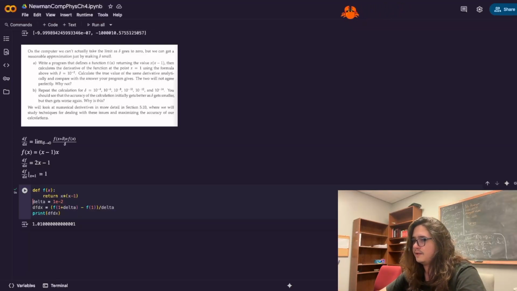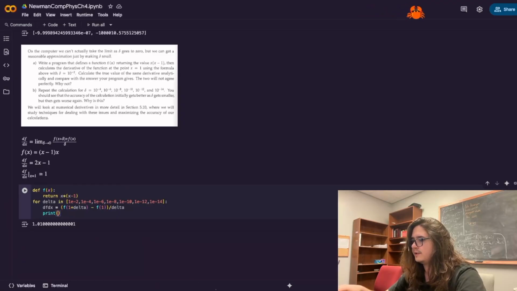Instead of having a fixed value for delta, we're going to do for delta in a list that we define explicitly as 1e-2, 1e-4, 1e-6, 1e-8, 1e-10, 1e-12, and 1e-14, right? And then it's going to calculate a value for the derivative for each of those deltas.